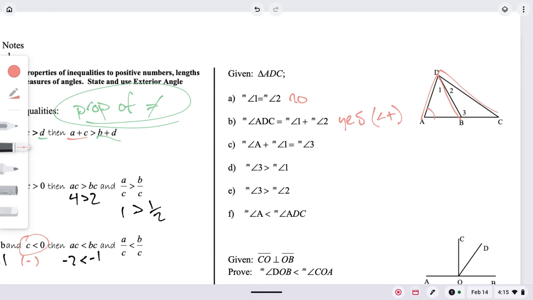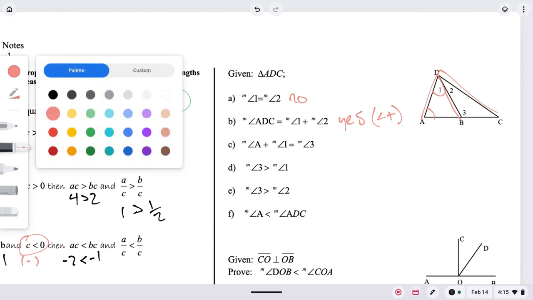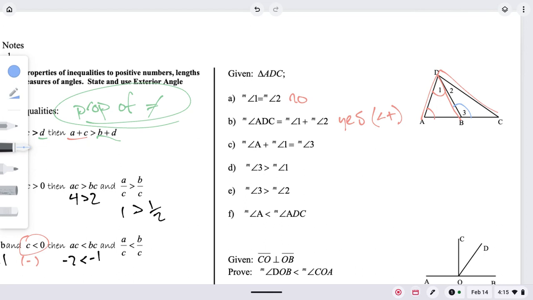That's what we just talked about in that last theorem, right? This exterior angle 3 is equal to 1 plus A, so that is definitely going to be true. But is 3 bigger than 1? Yes, because of that last theorem, right? We were just talking about those things.